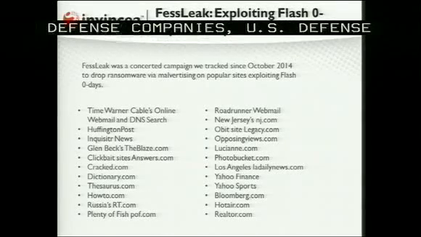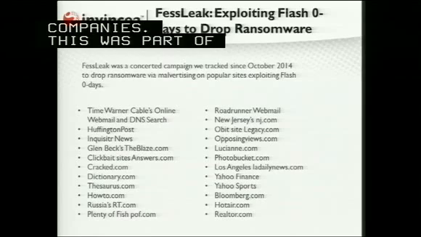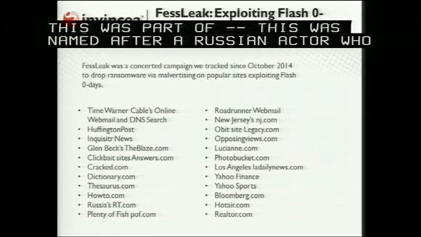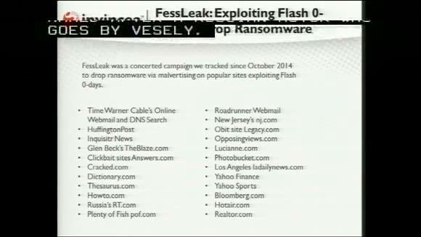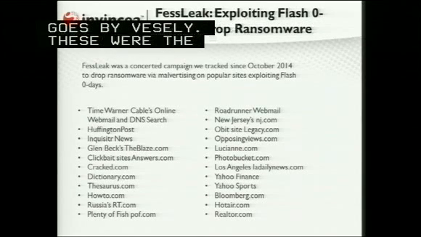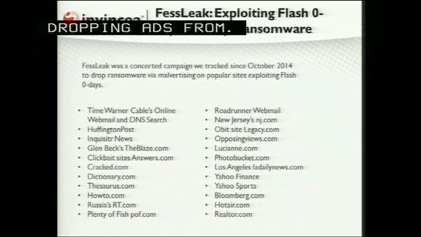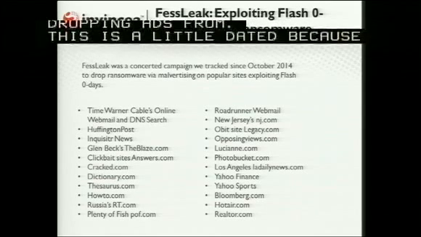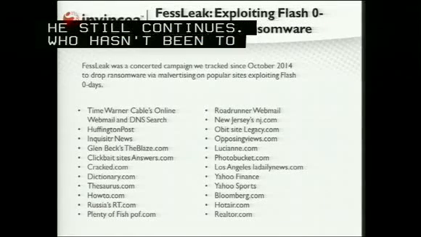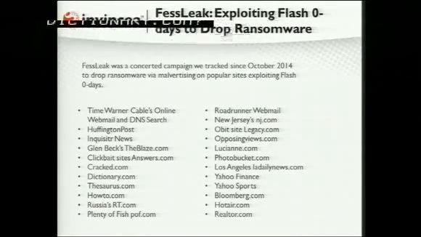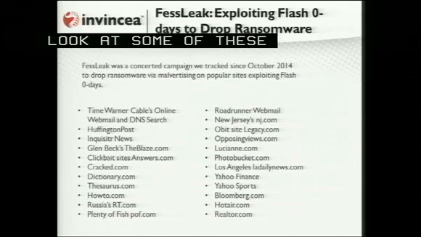It was named after a Russian actor who goes by Festleak. And these were the sites, you can see them here, that he was dropping ads from. This is actually a little bit dated because he still continues. Who hasn't been to dictionary.com, right? Look at some of these sites: Huffington Post, Time Warner, Realtor.com.